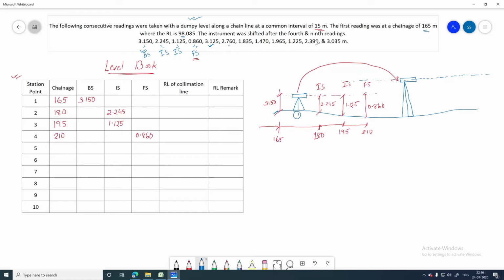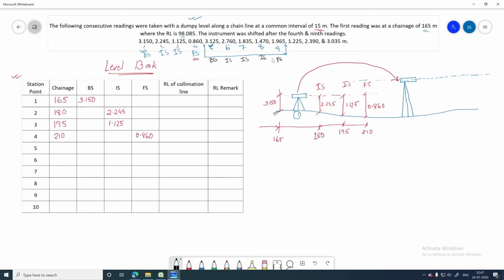This is the 5th, the 6th, the 7th, the 8th, and the 9th. After the 9th reading the instrument was shifted.